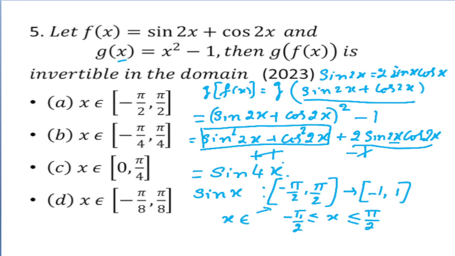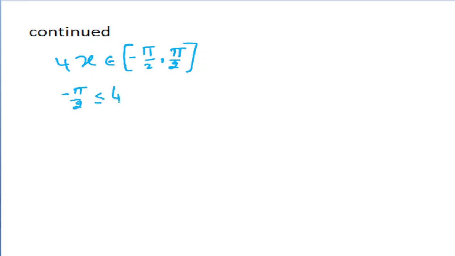But the function which we have found here is sine 4x, so the angle is 4x, not x. So this angle belongs to this interval. That means 4x belongs to the closed interval minus pi by 2 to plus pi by 2. Now this can also be written as minus pi by 2 less than or equal to 4x less than or equal to pi by 2.